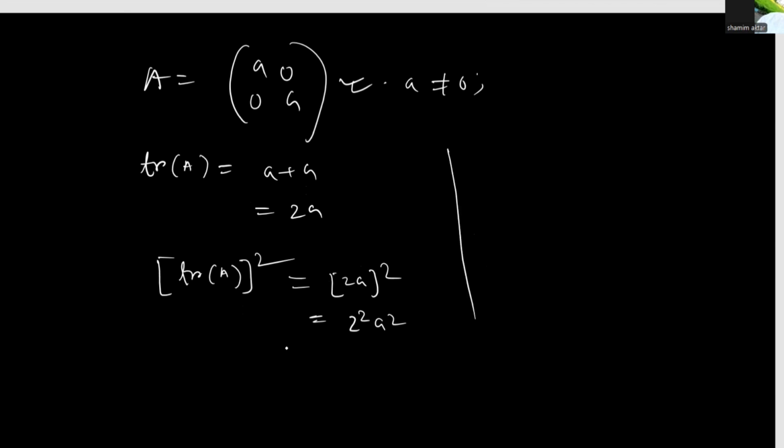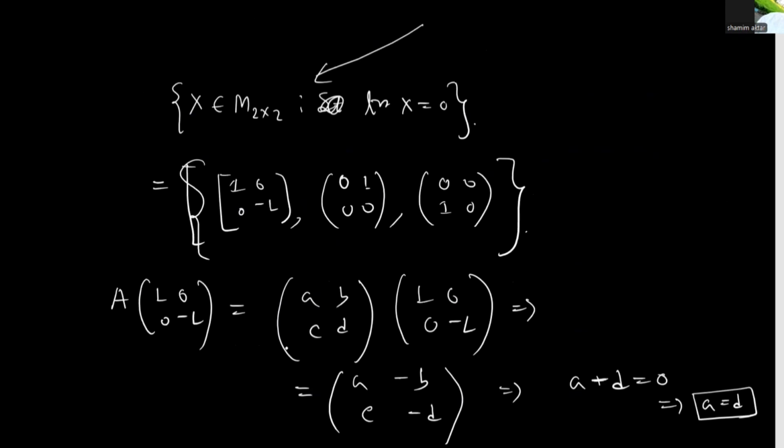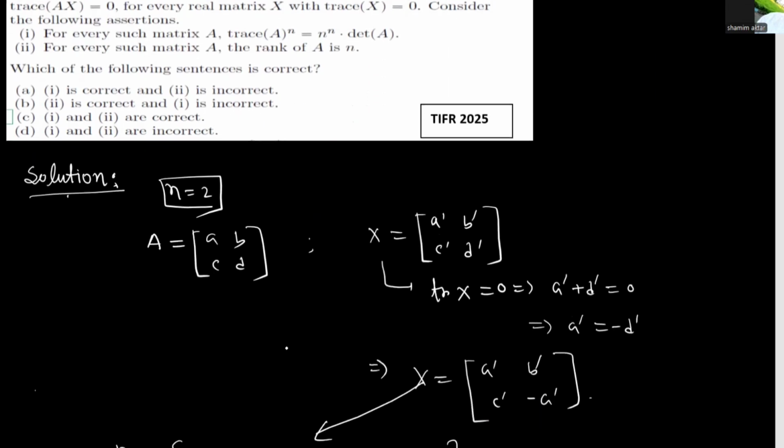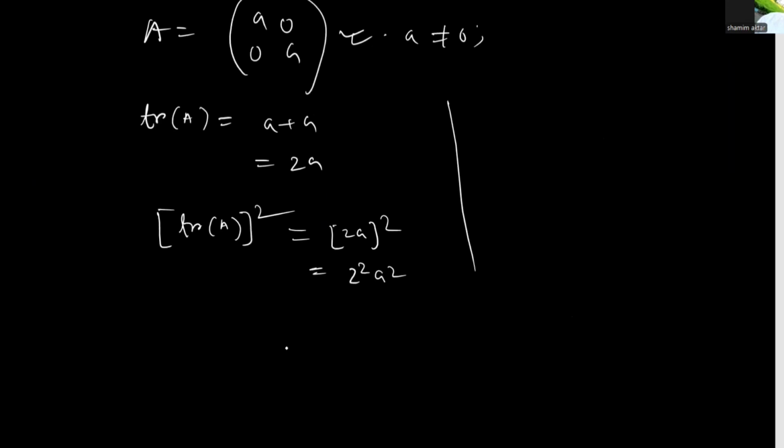Now find n to the power n into determinant of A. First of all, the determinant of A is equal to a squared. So 2 to the power 2 into a squared is equal to 2 to the power 2 into determinant of A. So the first condition holds.